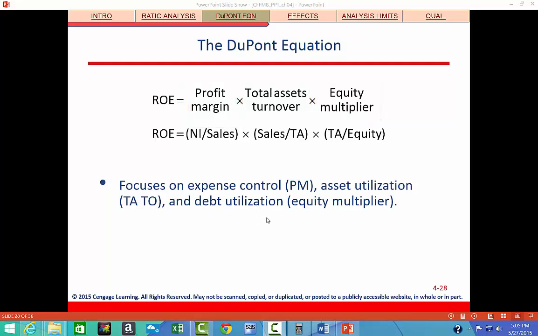The equity multiplier, as you can see, is total assets divided by equity. So if you multiplied all of these together, you can see that sales would cancel out and then total assets would cancel out, and you would be left with net income divided by equity. So this is just another way to write it.